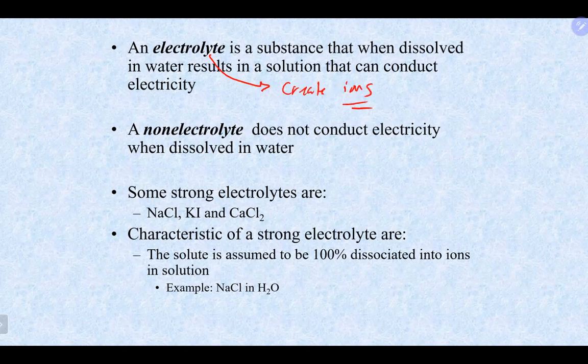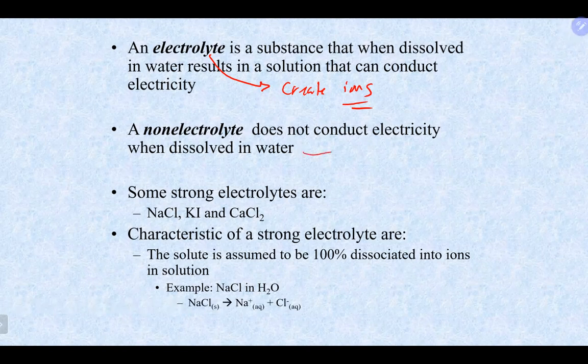The creation of these ions is what helps it conduct electricity really well. A non-electrolyte, on the other hand, is something that will perhaps still dissolve, but will not create any ions, and because it doesn't create any ions, it is not going to conduct electricity.